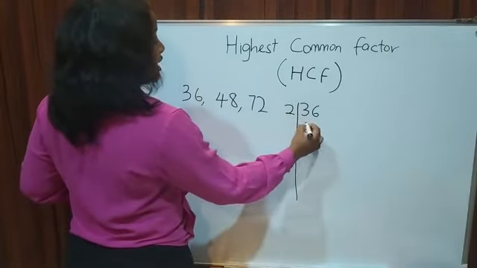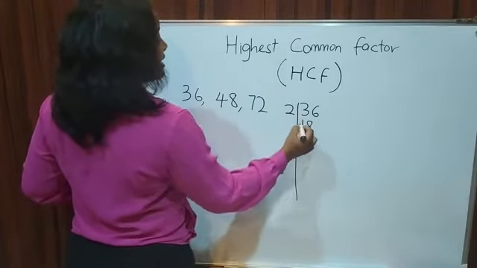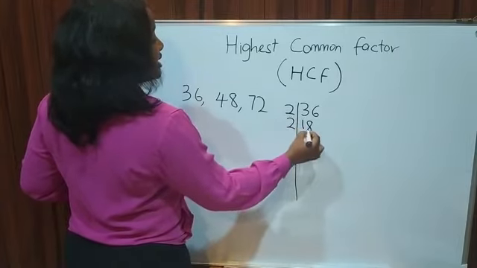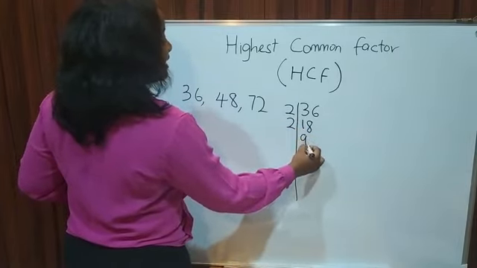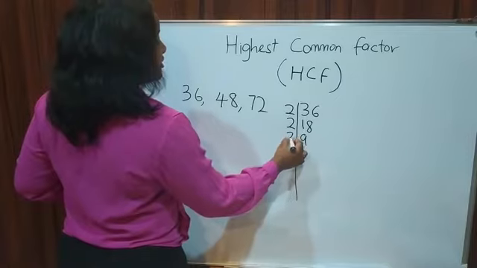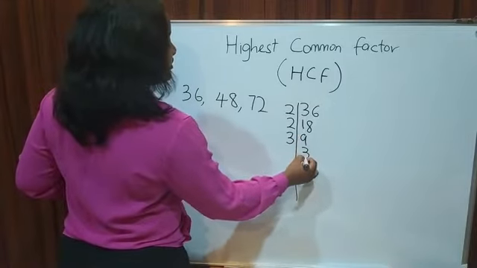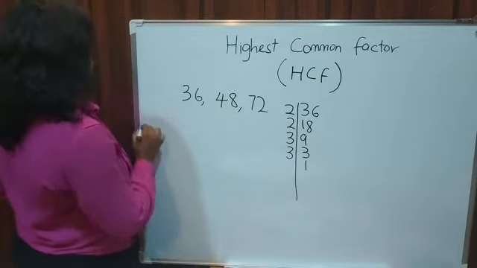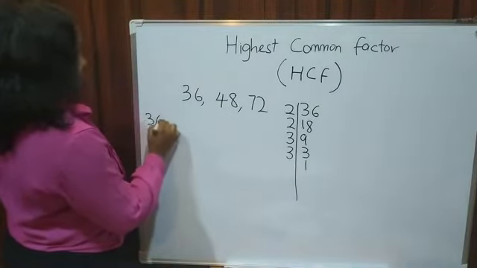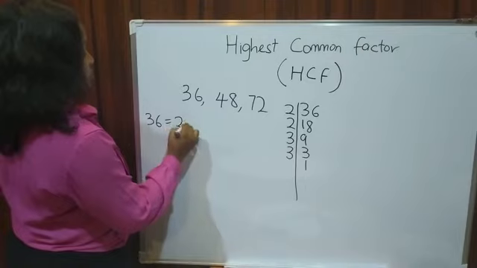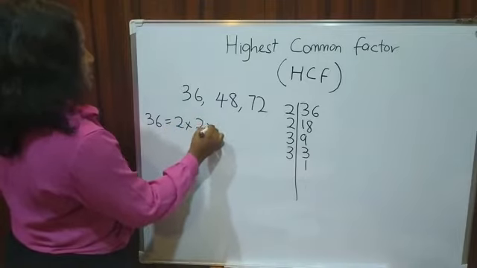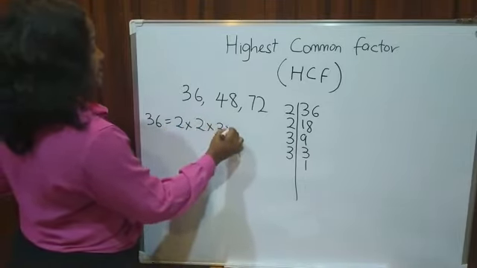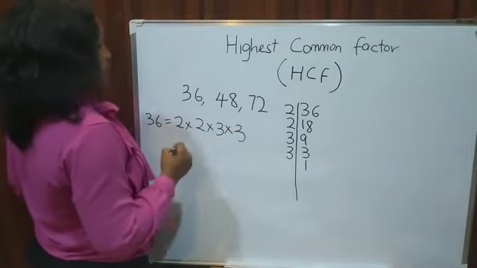It's an even number, so 2 can go. And we have 18. 18 is still an even number. 2 can go. We have 9. 9, we have 3. 3 can go. We have 3. Then 3, 1. So 36 equals 2 times 2 times 3 times 3.